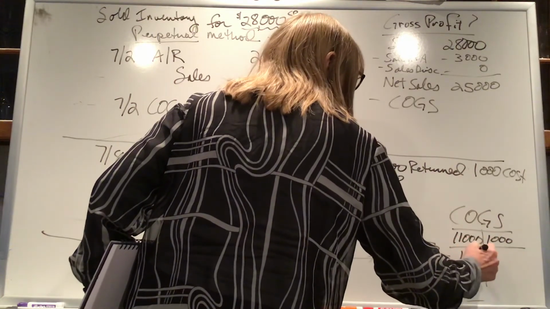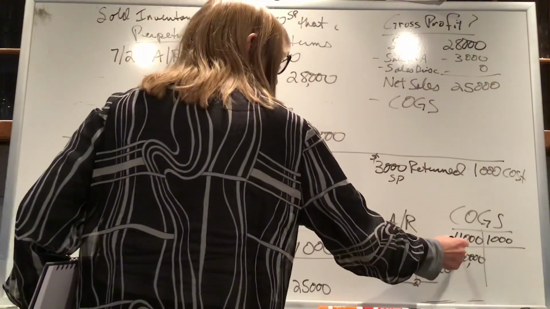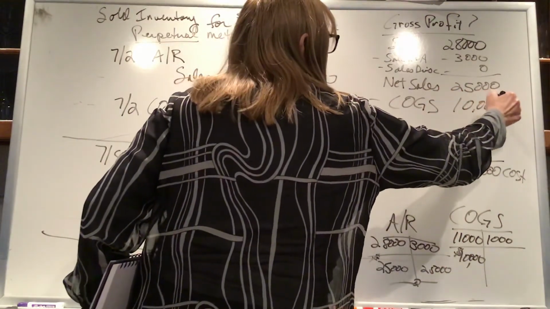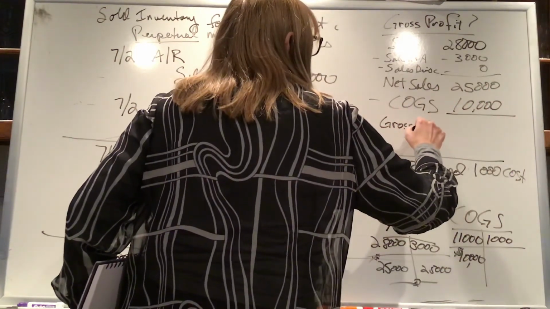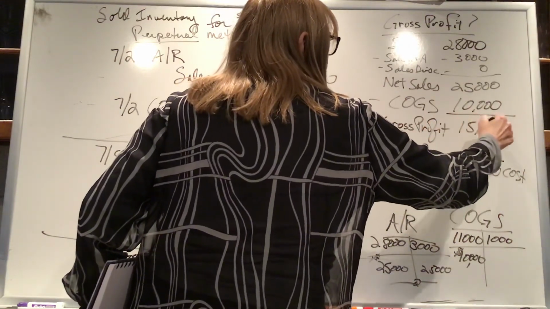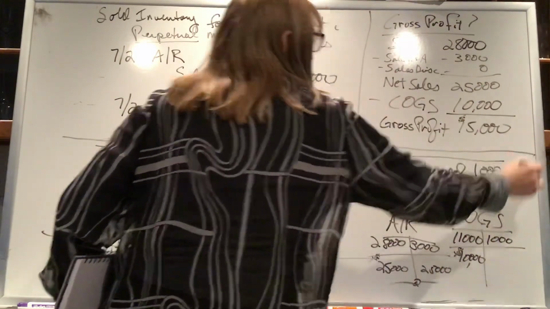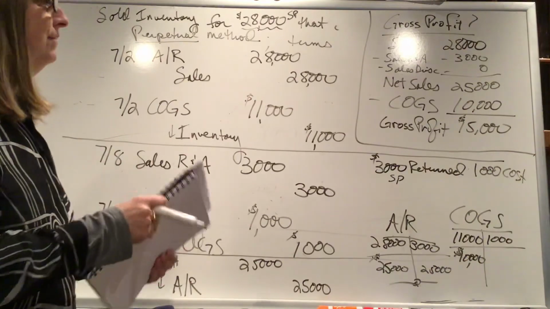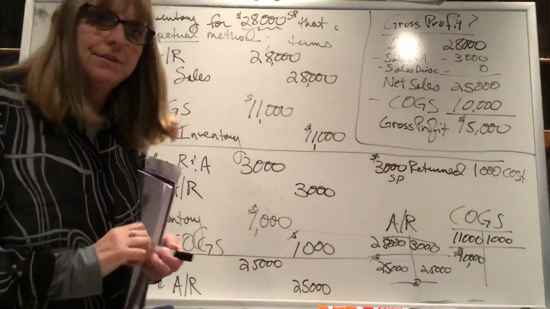So after the return, our cost of goods sold is $10,000. So we're going to subtract $10,000, and our gross profit is $15,000 in this example. Okay, so you kind of see how the entries tie in to the top of the income statement. Okay, that's a quick review for you to study for the exam.